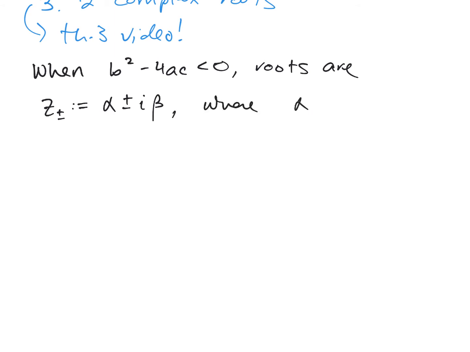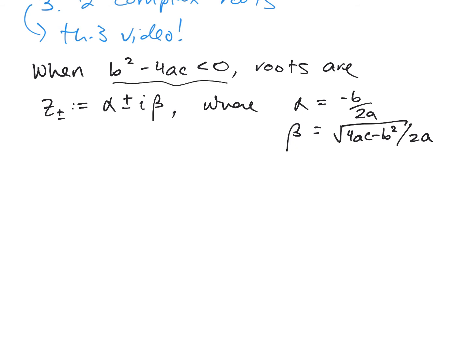And alpha and beta just come from the quadratic formula. So alpha is negative b over 2a, and beta is the square root of 4ac minus b squared over 2a. And you can and should work out the details of where those came from just by solving the quadratic formula and assuming that that quantity is negative.